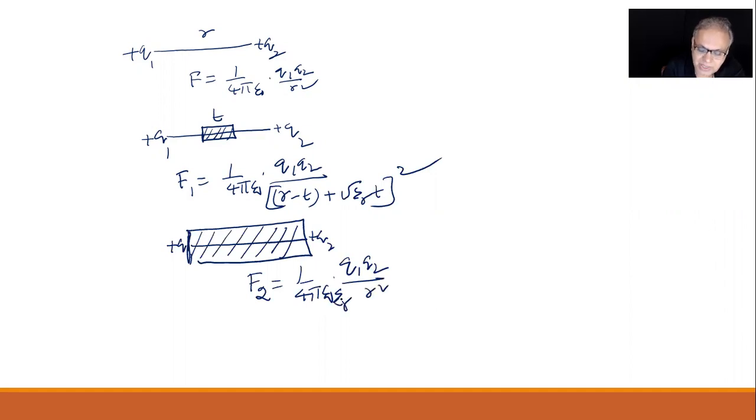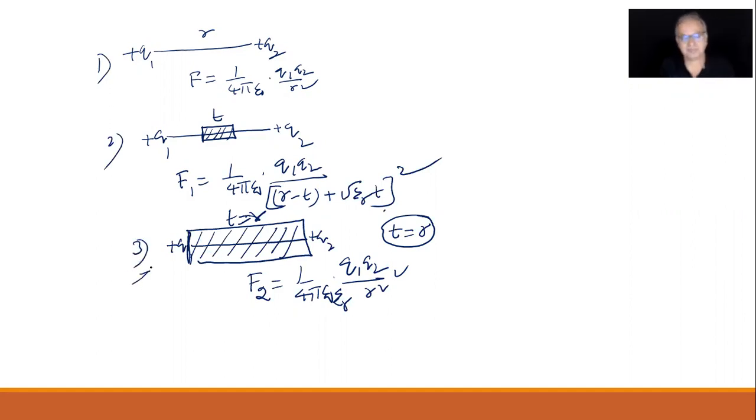What I was trying to tell you was, this will come from here if I put t equals R. That means the total distance is covered by the medium. So 1, 2, 3. That is a summary of the question.